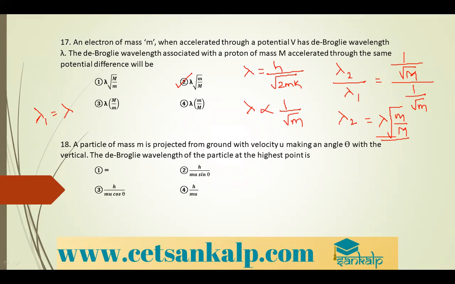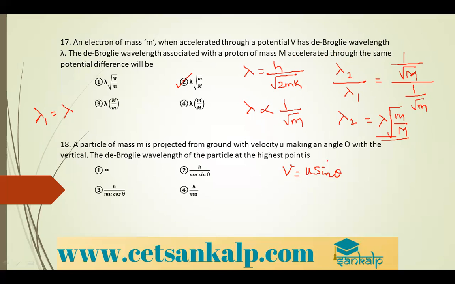A particle of mass m is projected from ground with the velocity u, making an angle theta with the vertical. At the maximum height, the velocity at the maximum point you can write as v is equal to u sin theta, right?